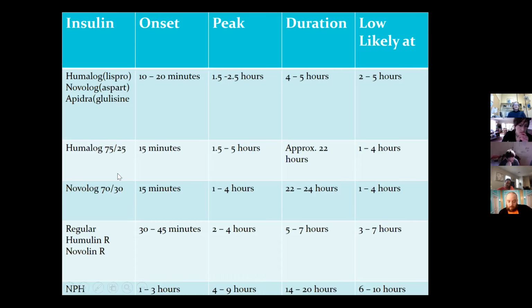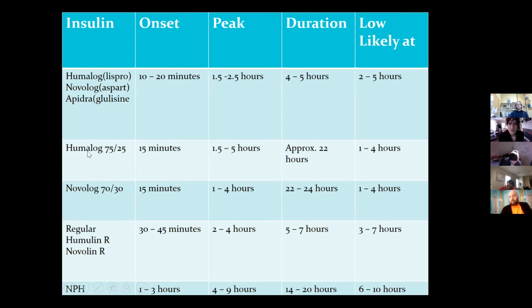And then we have mixtures of insulins that are part short acting and part longer acting. As you might be aware, insulin can be mixed in a syringe where we draw from 2 different vials, or we can get pre-mixed.